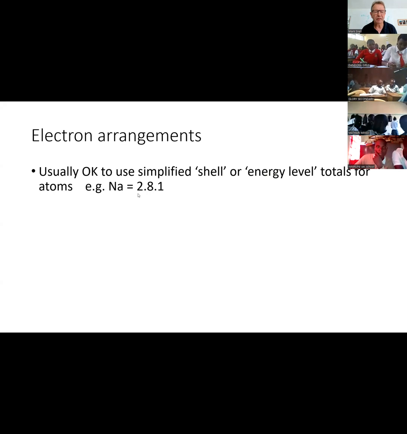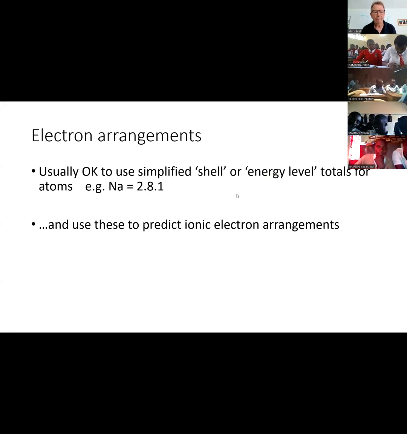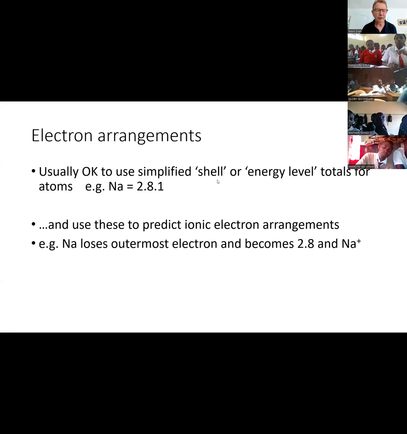These are words which mean the same thing. And you have to use these to predict the electron arrangements of the ions. We can assume we know what the ion will be. So sodium 2.8.1 will lose one electron, become positive, and become 2.8.